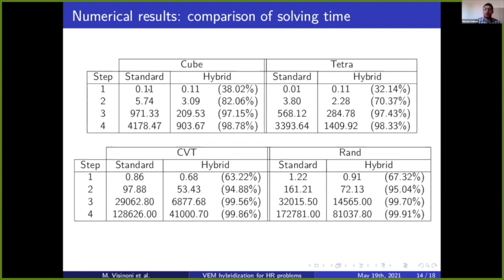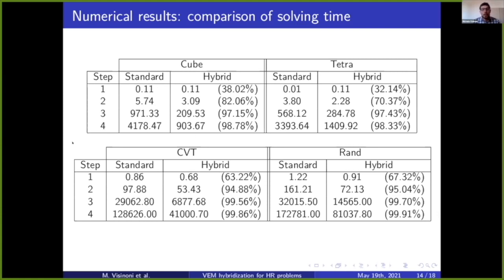Here is the solving time only of the linear system, and here the solving time of the linear system plus the time of the algebraic manipulation derived by the static condensation. For the solver we use MUMPS for the standard method, a generic solver, and for the hybrid we use Cholesky because we have a symmetric and positive definite linear system.